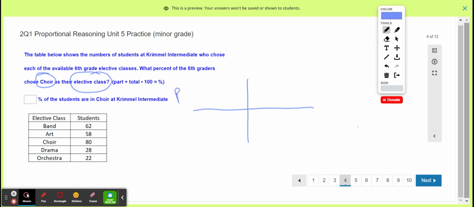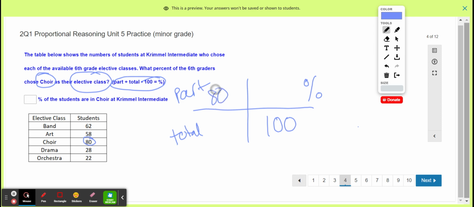We need the parts over the total, and since it's asking about the percent, that is always going to go over 100. So the part divided by the total times 100 would equal percent. This would work. So we're going to look for the part, and that is choir, and then we need to find the total.